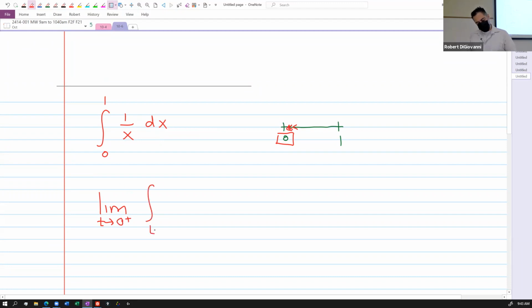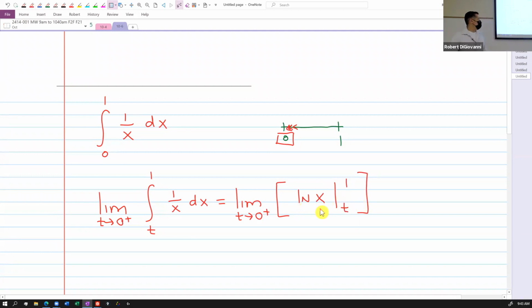The new integral goes from t to 1, 1 over x dx. This becomes the limit as t approaches 0 from the right. The antiderivative of 1 over x is natural log of x, evaluated from t to 1. I'm not doing the absolute value on the x because I'm looking between 0 and 1, so I'd only need the absolute value if I was somehow in a negative domain.